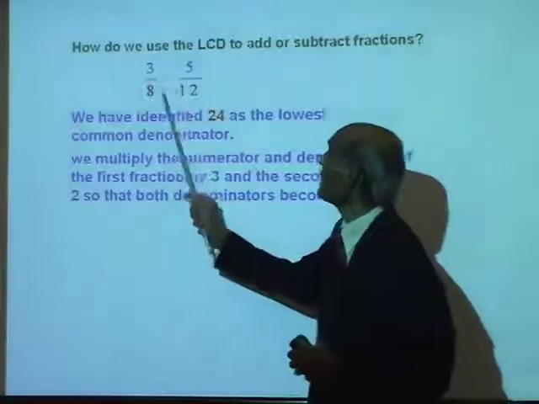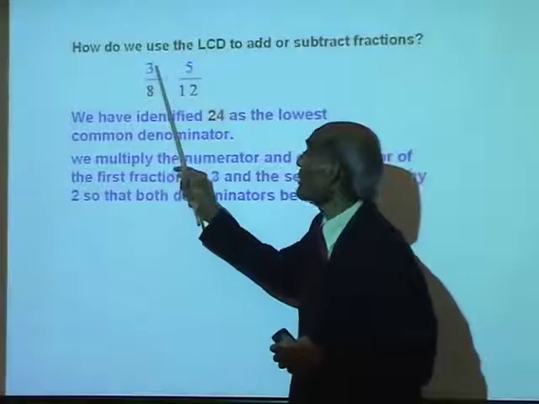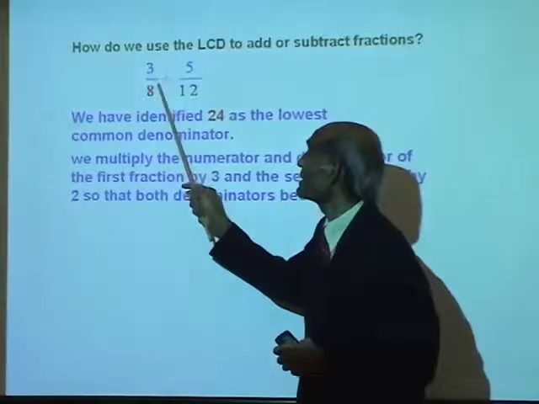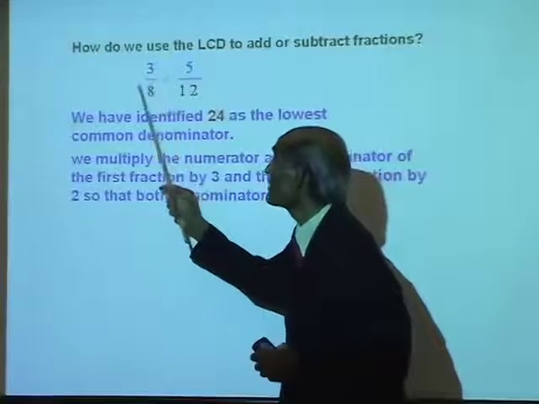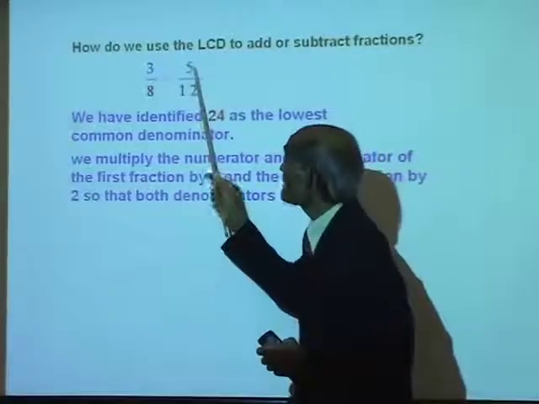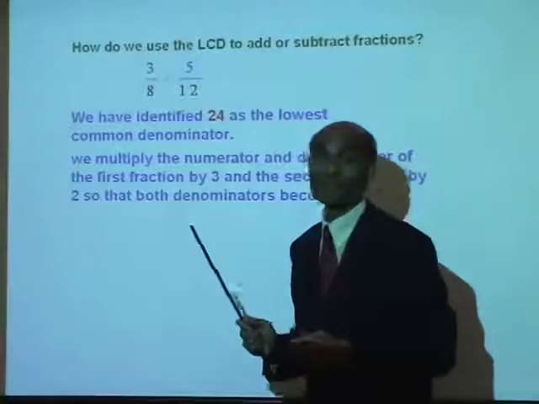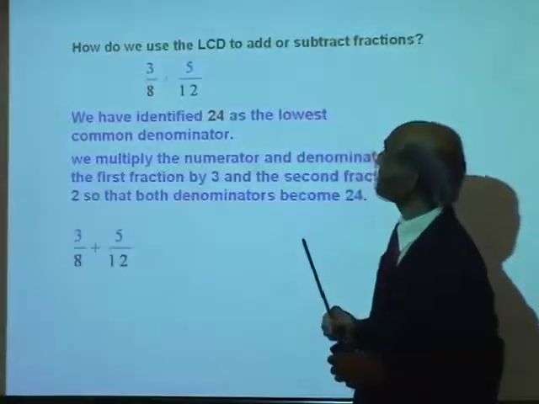You know 8 times 3 is 24. So we multiply the numerator and denominator of the first fraction by 3 so that the denominator becomes 24. And we multiply the second fraction by 2, so that its denominator becomes 24.